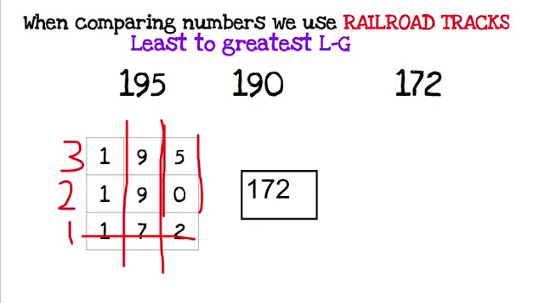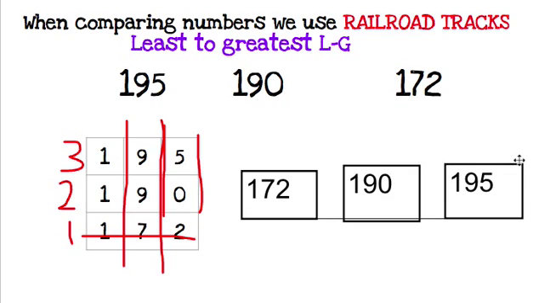My number 2 is 190. And my last one is 195. Again, this is L to the G. So 172 should be less than 190. 190 should be less than 195. Again, this small point is saying less than.